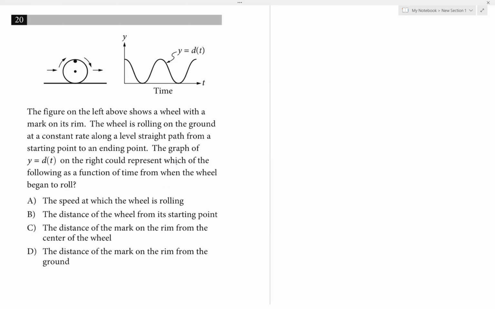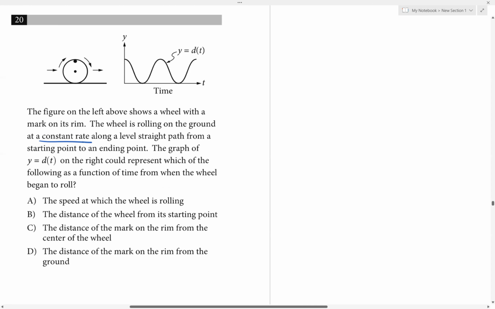A says the speed at which the wheel is rolling. If you think about the speed, will the speed go down and up and down and up? The word problem tells us it is a constant rate, which means we're rolling at a constant speed, the same speed.